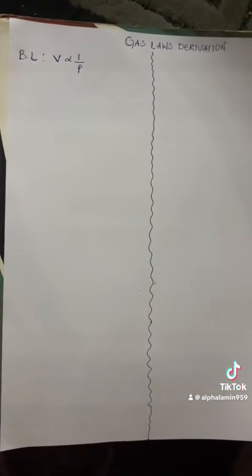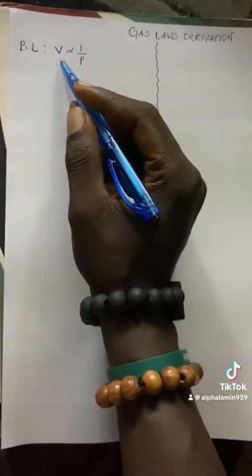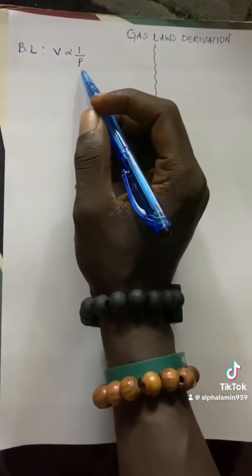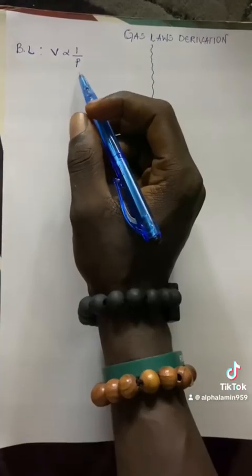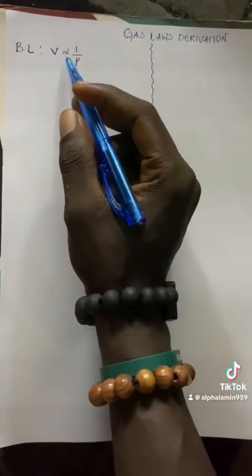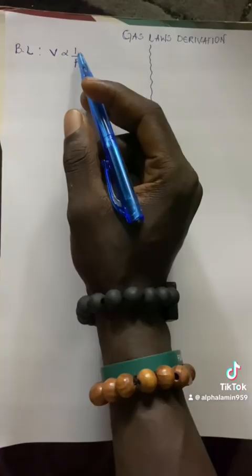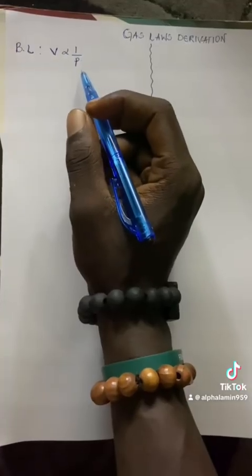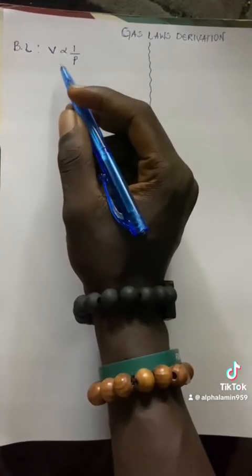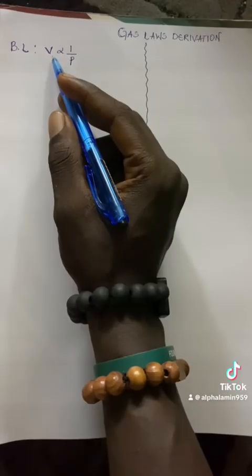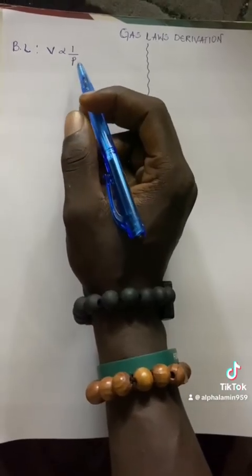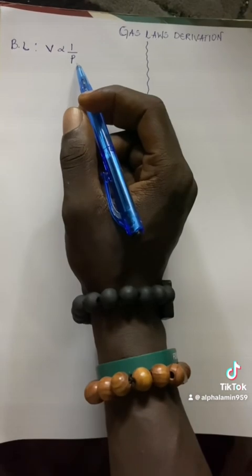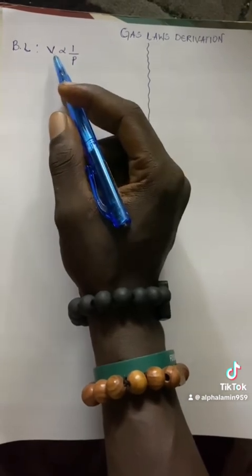This is Boyle's law. V here represents the volume, and P here represents the pressure. And 1 over P here is an inverse relation. So V is inversely proportional to its pressure. And what is happening here? When you increase the volume of a gas, the pressure decreases. And when you increase the pressure of a gas, the volume decreases.